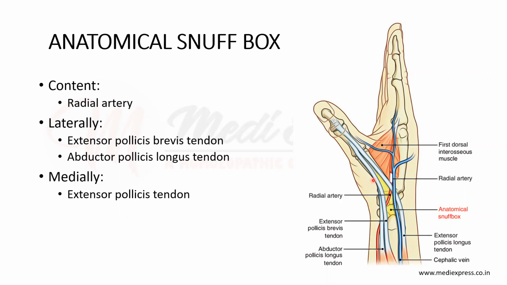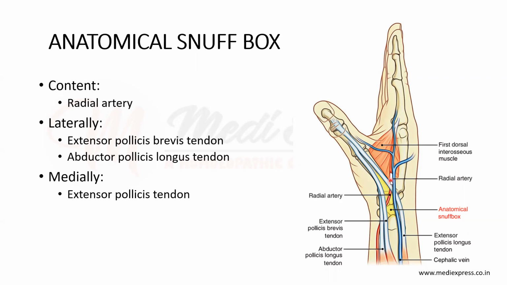So this is present laterally, these both. Now, what is present medially? We have an extensor pollicis longus tendon. Okay. Now, so this becomes radial artery over here. So this is the anatomical snuff box.